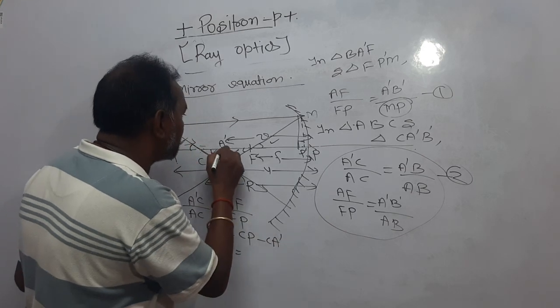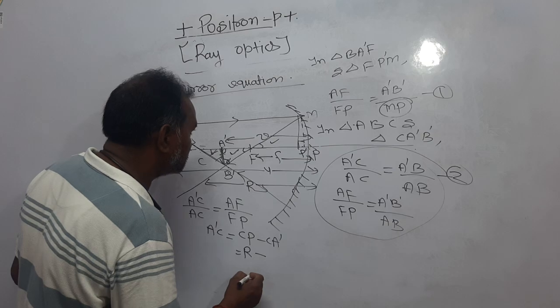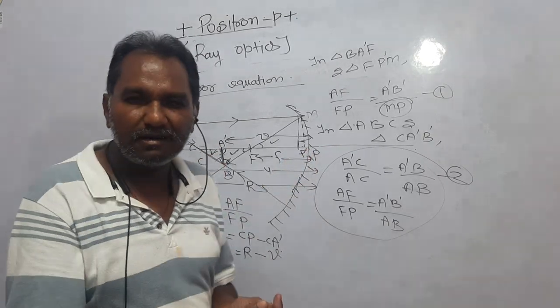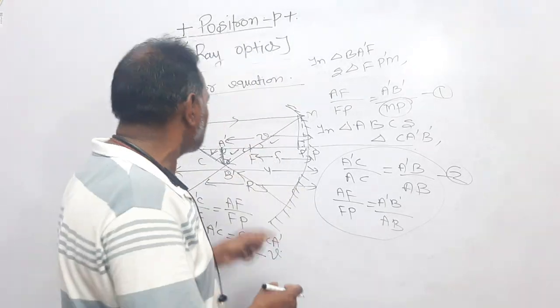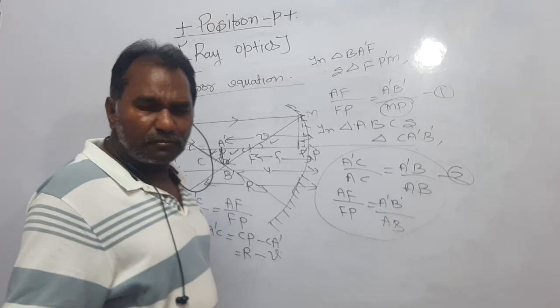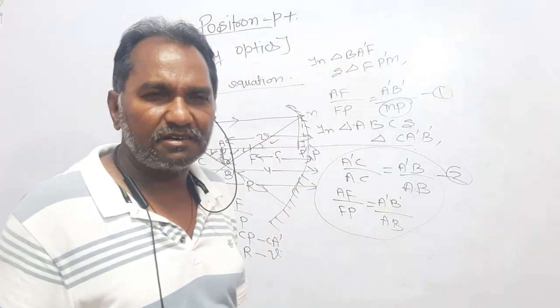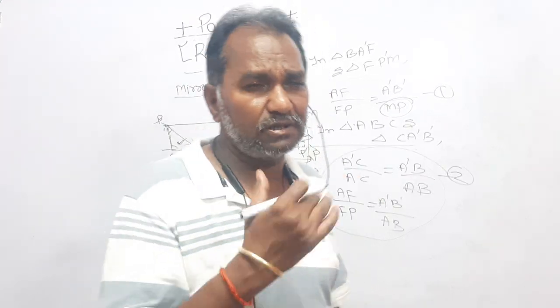CP is R, minus CA dash, that is V. The A dash is the point where the image is created, that is the distance of the image from the pole, V. Now I am going to derive the formula. There is no need to consider the sign convention. You do consider the sign convention while solving the problem.